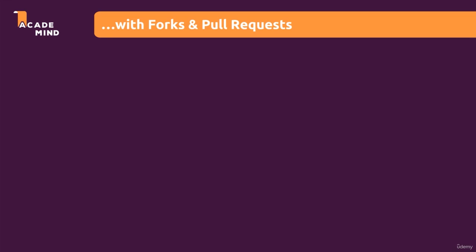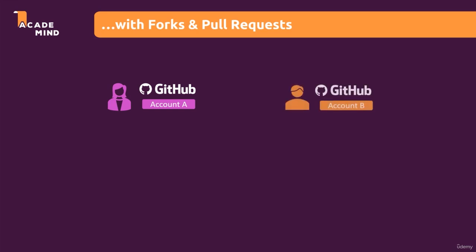Well, as I said, think again about the open source case. You have a project on GitHub in a public repository and you want other people to be able to contribute to this project. Then you could be account A, for example, who holds that remote repository, and we have account B, which could be anybody, any other GitHub user. Account A holds the remote repository, but now account B doesn't create a direct connection via git clone and then clone it to his local environment.